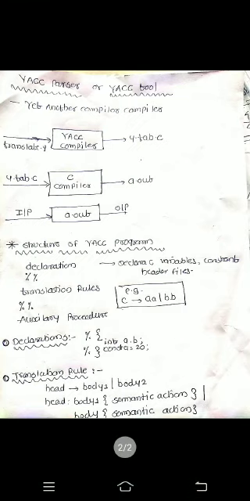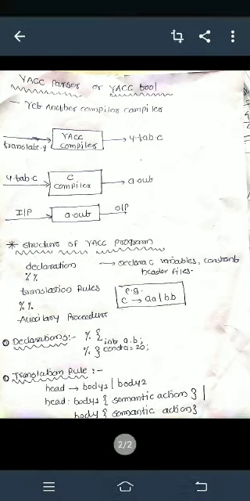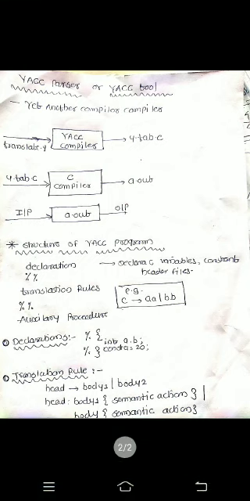Structure of a Yacc program. The structure of a Yacc program is the same as a lex program, that is declaration, translation rule, and auxiliary procedure. The declaration and auxiliary procedure are optional in a Yacc program. The declaration, as its name suggests, is used to declare C variables, constants, header files, and identifiers.